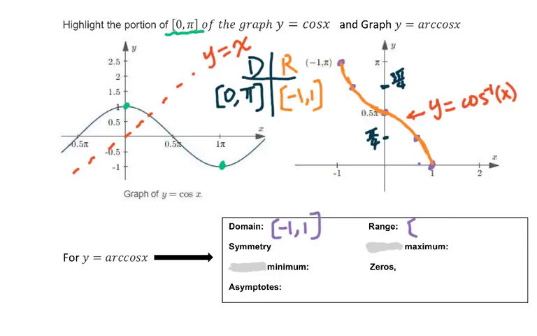Range will be between 0 to pi. For symmetry, we don't have any symmetric line for that. For maximum value, that's pi. Minimum value is 0. For zeros, that is 1, 0. That's x-intercept. No asymptote line.